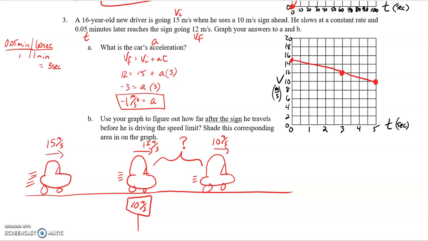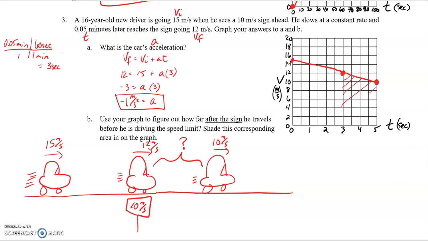And if you're looking to use the graph to figure out how far it goes between seconds 3 and 5, because it took 3 seconds to get to the sign, and it's going to be at the correct speed 2 seconds later, all I need to do is find the area of this trapezoid. So I'll break it up into 2 segments, a rectangle and a triangle. So the rectangle is 2 seconds by 10 meters per second. And the triangle, half the base is 2 seconds, and the height is 2 meters per second. So this would be 20 plus 2, or 22 meters.